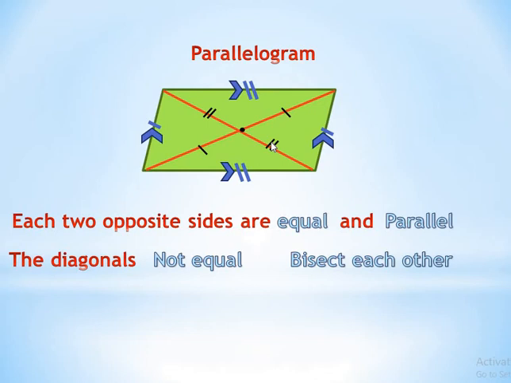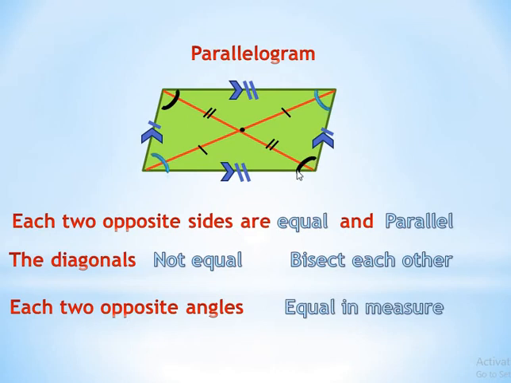Number 3, what about the angles? The angles of the parallelogram: each 2 opposite angles are equal. This angle will be equal to this angle, and this angle will be equal to this angle.